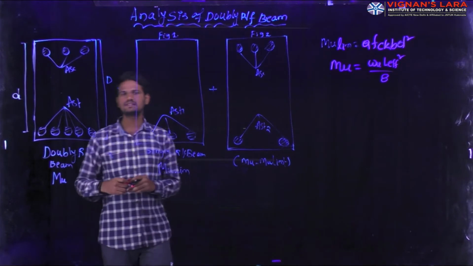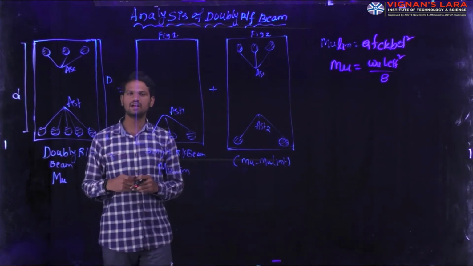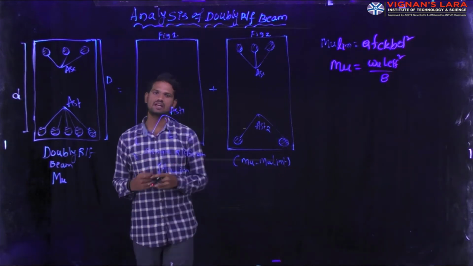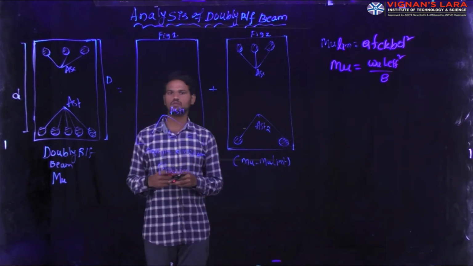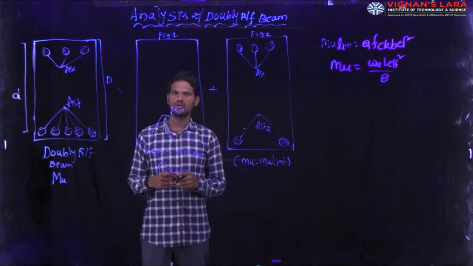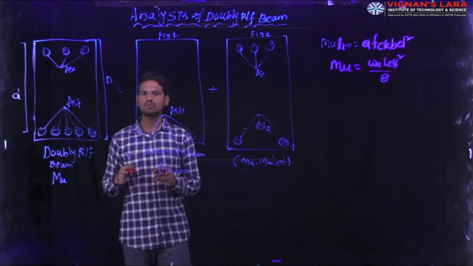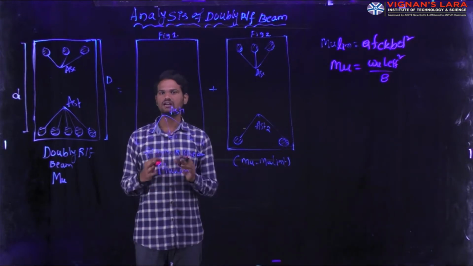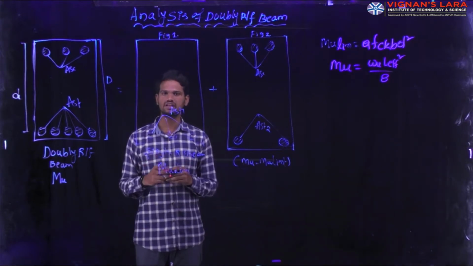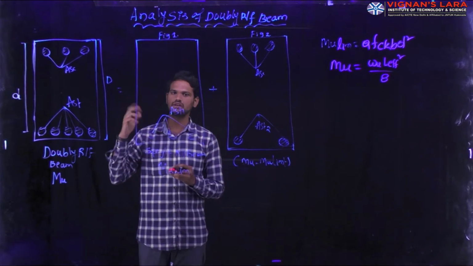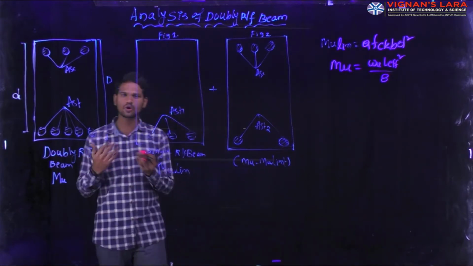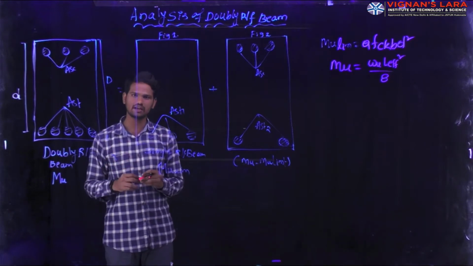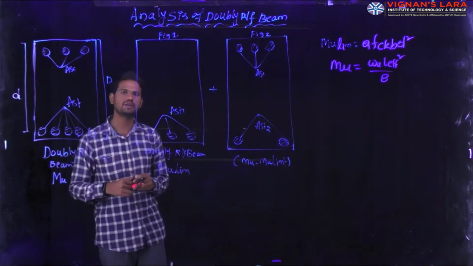Already you know, in a singly reinforced beam we provide the reinforcement in the tension zone, at the bottom of the concrete beam, to resist the load. For calculation purposes, we do not consider any steel reinforcement at the top of the beam. If you provide reinforcement in the tension zone only, we call it a singly reinforced beam.